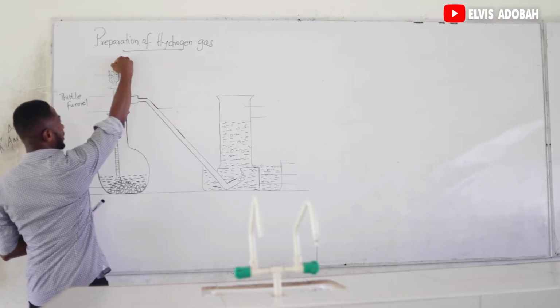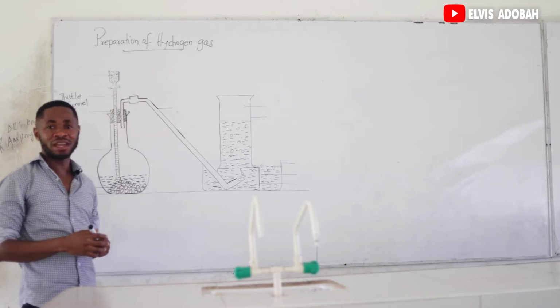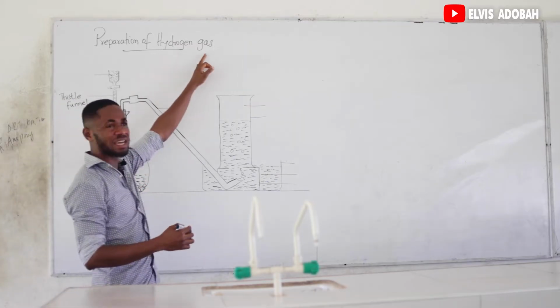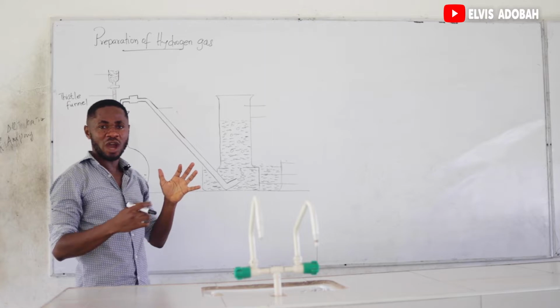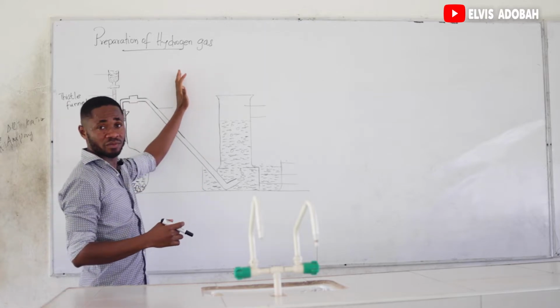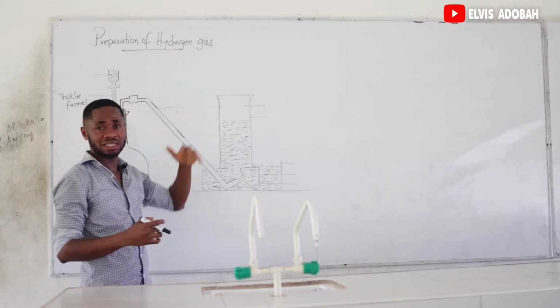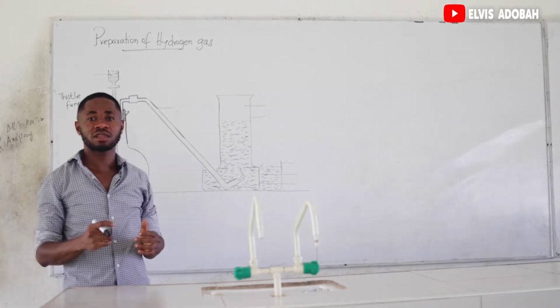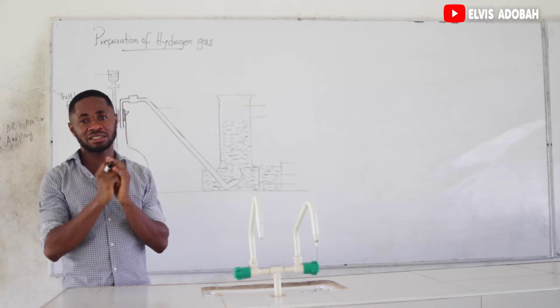There is something that has been poured into the thistle funnel. Well, in the preparation of hydrogen gas, one way we achieve the preparation of this gas is by reacting a metal with a dilute acid.